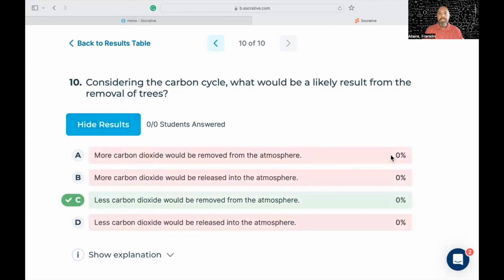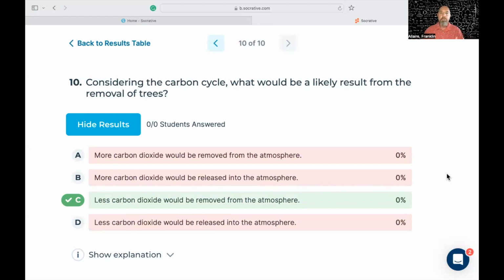Remember, trees, like other plants, are doing photosynthesis. They are taking in carbon dioxide and holding on to it, creating their own energy, creating their own structure. So less trees, less plants means less carbon dioxide would be removed from the atmosphere.